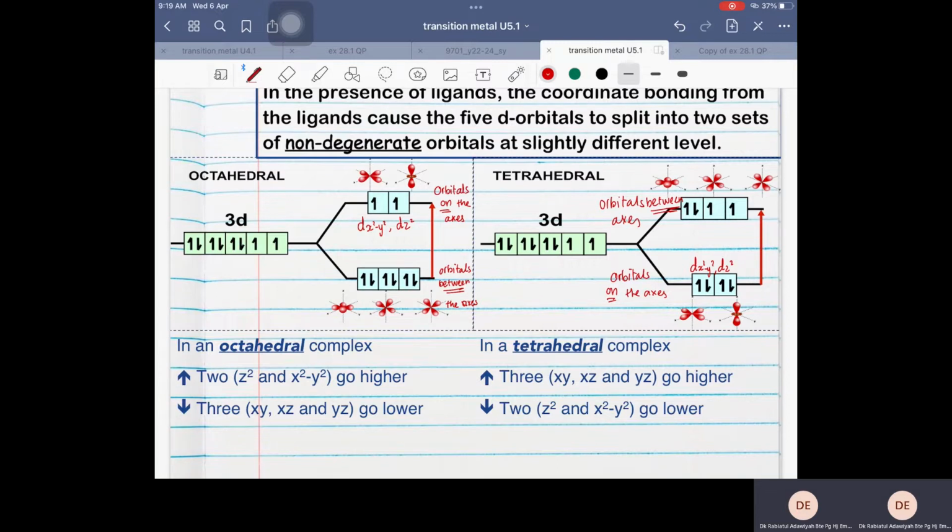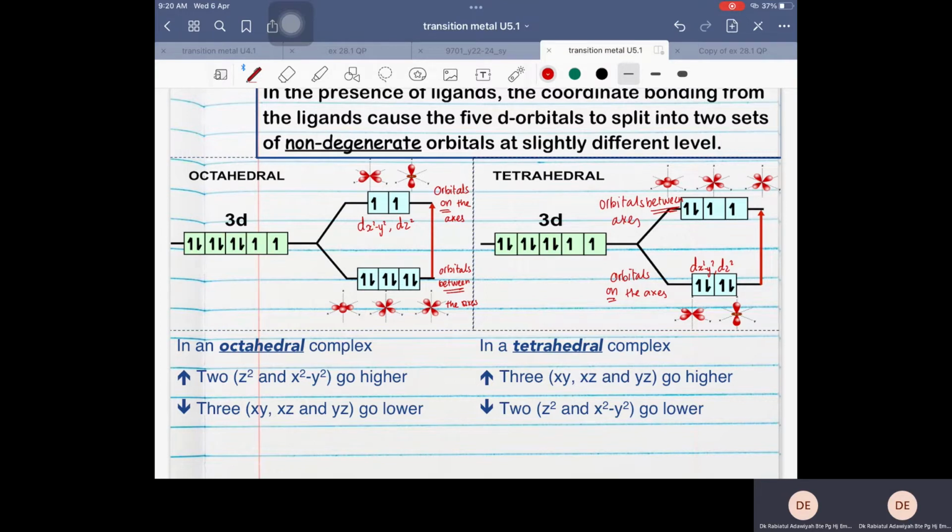Next is the explanation. The electrons in d orbitals that are nearer to the lone pair of ligands have more repulsion, hence higher energy. So just remember, whoever is closest or whoever feels the most repulsion will have higher energy than the ones that are not directly aligned with the lone pair of ligands.